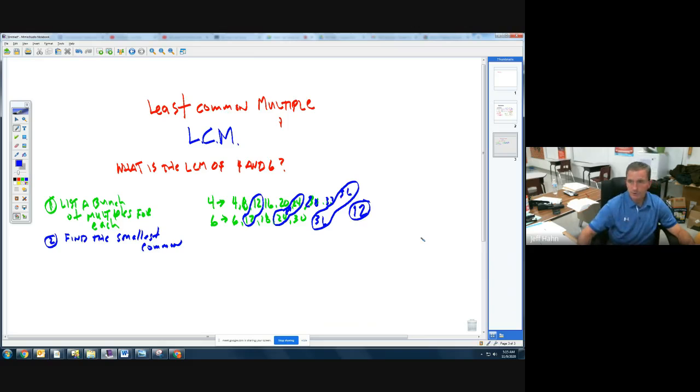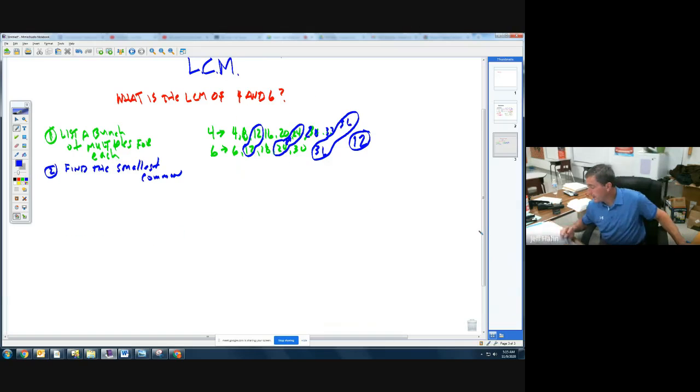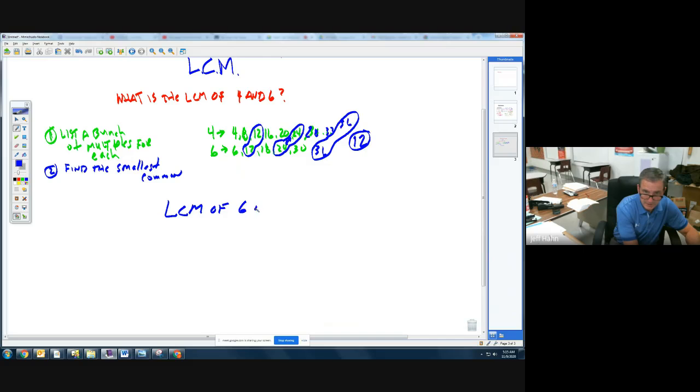Let's do another one. You could do this for any number of multiples. Let's do another one that says, what's the least common multiple of 6 and 8?